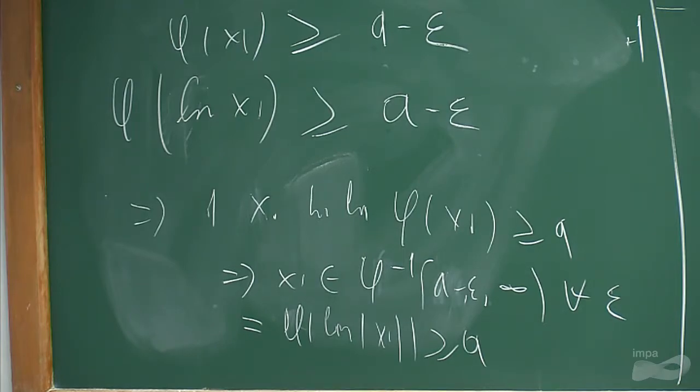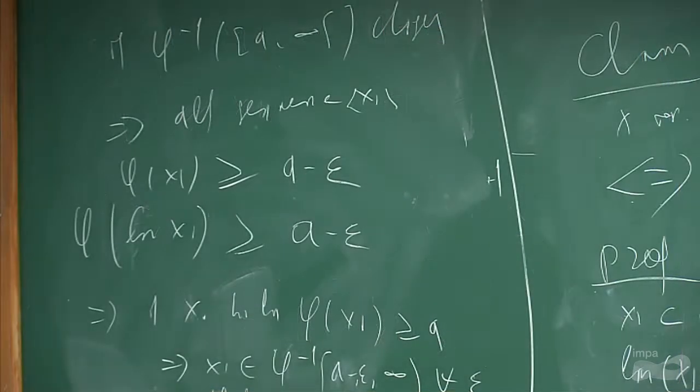So definition: a constructible set in M, which is an algebraic variety, is a set generated by Zariski closed sets, unions, intersections, and complements.